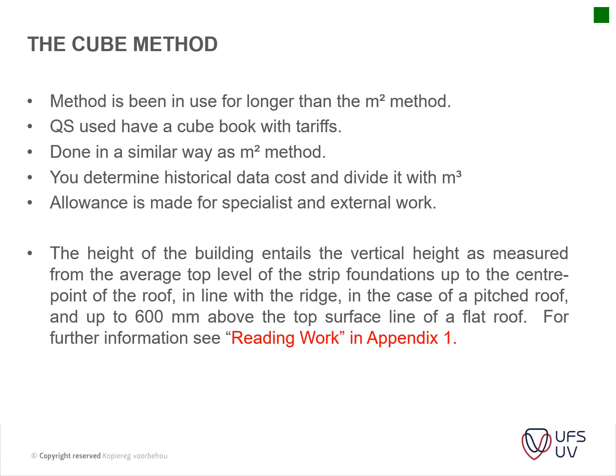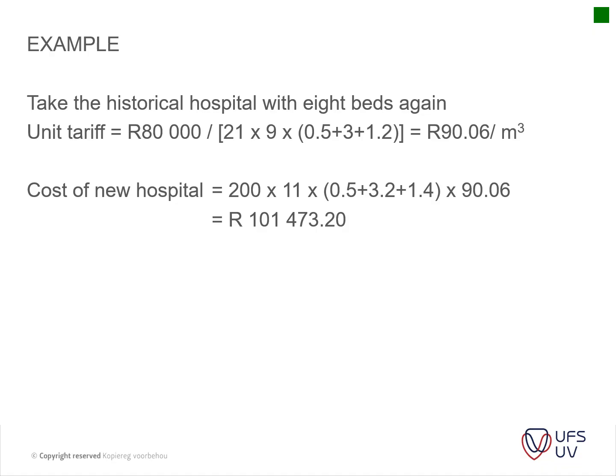Okay, so here's all the theory, you can go through that. Here are the formulas explained, and then you can look at the reading work in your appendix 1, and you will actually see how that formula works. In the example I also explained that. Okay, so you can have a look at this.